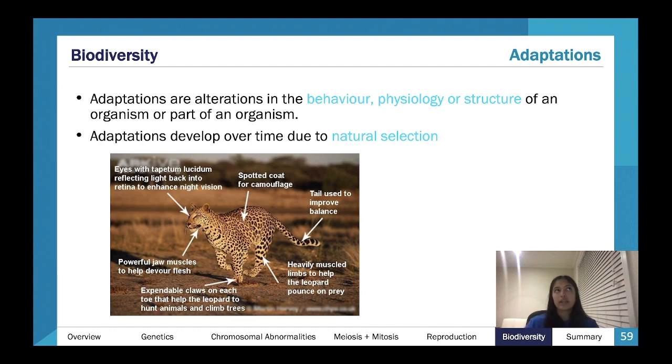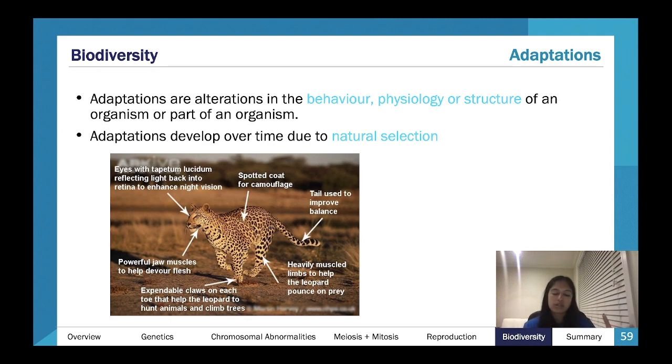Physiology, so the idea of almost the genetic makeup of a certain organism. For example, if you have a longer loop of Henle in your kidneys, they do a lot of things, but they absorb water, right?